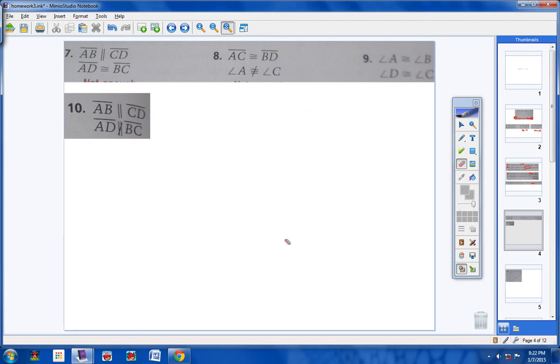Okay, number 8. AC is congruent to BD. Angle A is not congruent to angle C. Alright, here we go. Now watch this carefully, please. A, B, C, D. Now let's draw AC and DB so that they're congruent, okay? There we go.